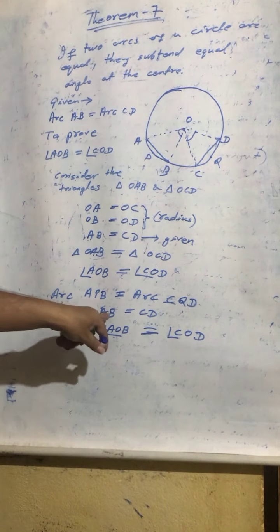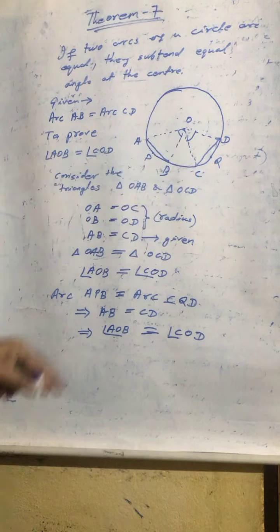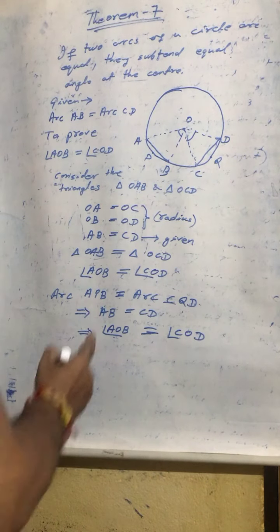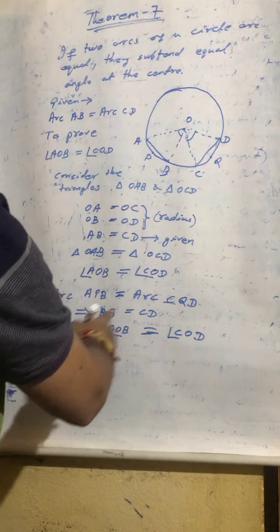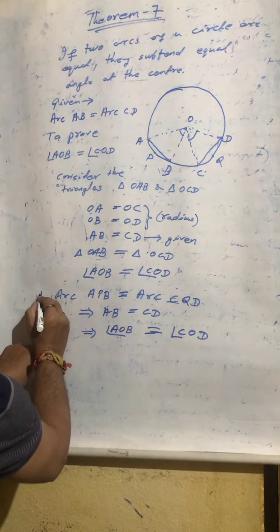So AB equals CD, and the subtended angles are equal. If arcs are equal, then angles are equal. That is condition 1.